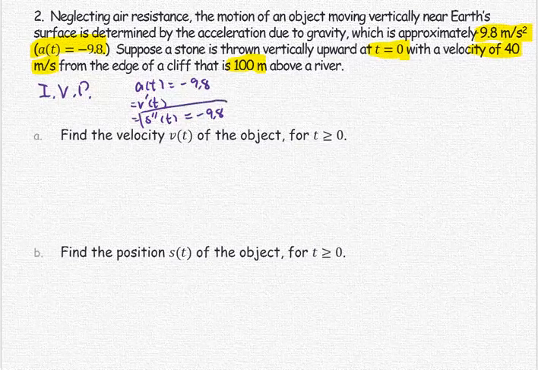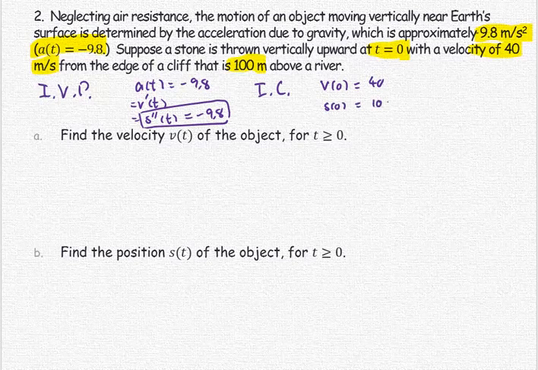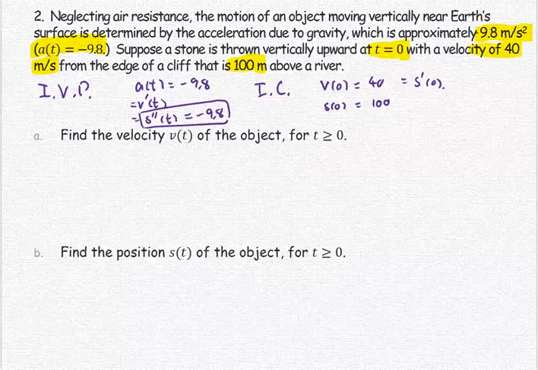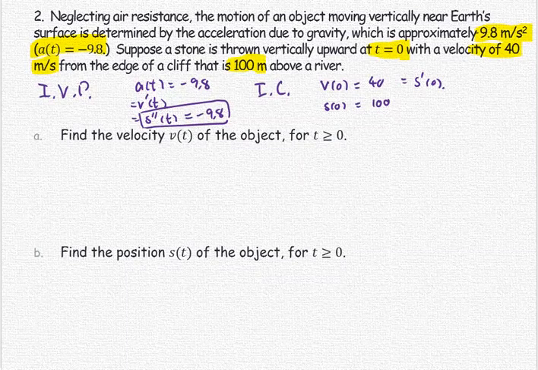So we see this as a differential equation with the initial conditions: the initial velocity, the velocity at time 0, is 40 meters per second, and the initial position is 100 meters above the river. So s(0) is 100, and v(0) is 40, which is the same as s prime at 0. Part A, we find the velocity v(t) of the object for t greater than or equal to 0.